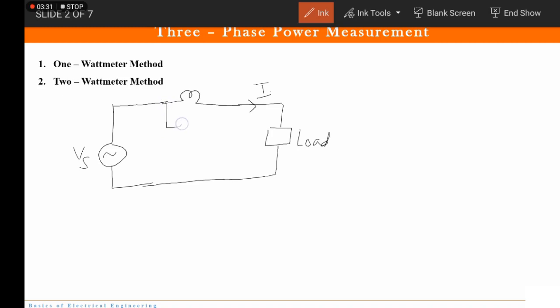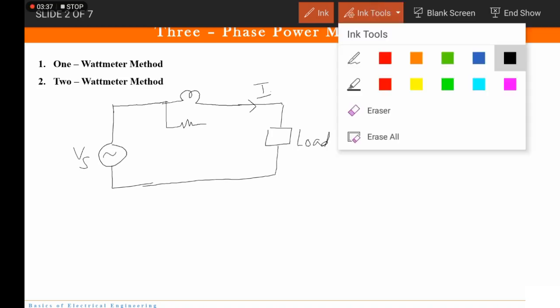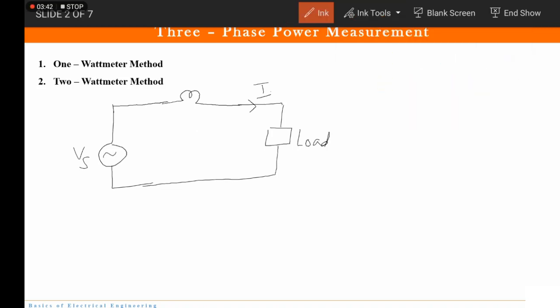Then it has another coil, but it has more resistance. The resistance of that coil is very large, and hence it is represented by a resistance. Please understand that it is also a coil and this is connected here. So this is the connection. Together this assembly is called a wattmeter.